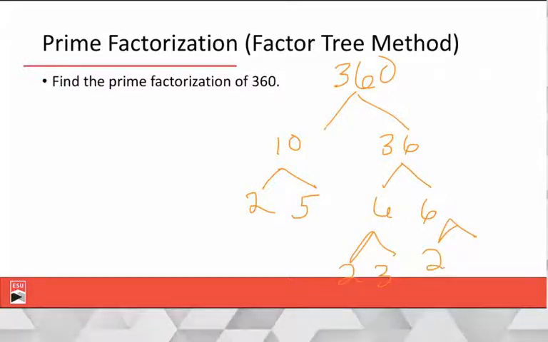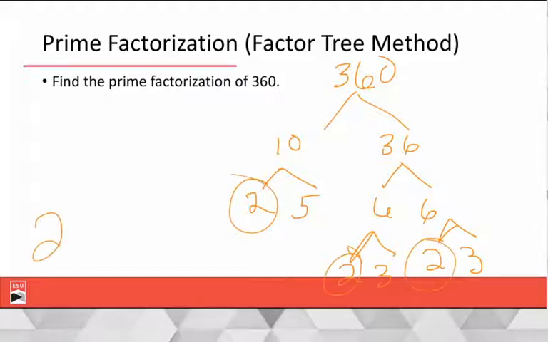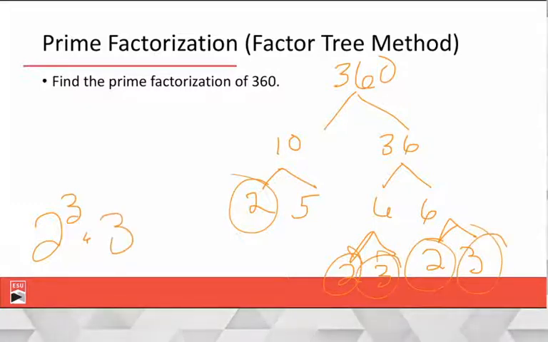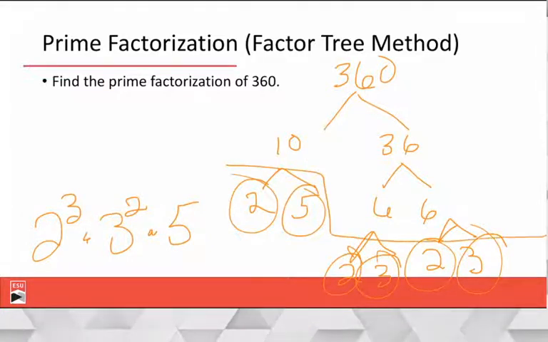And so its prime factorization is 2 cubed times 3 squared times 5. And notice we only use the bottom level of the tree. We only use the prime factors. And the reason is because if I would include this 6 too, I would end up getting the product 360 times 6, right? And we want to look at this number.